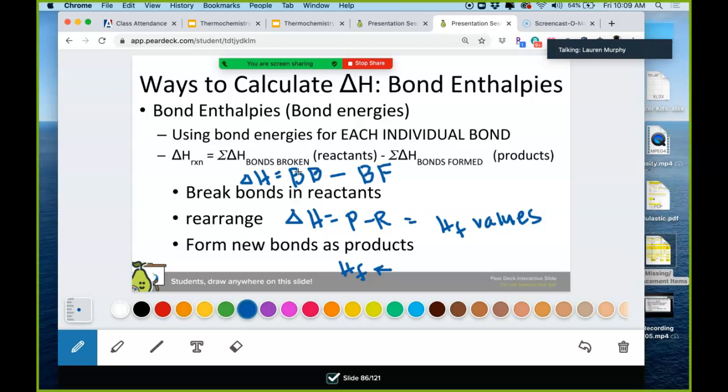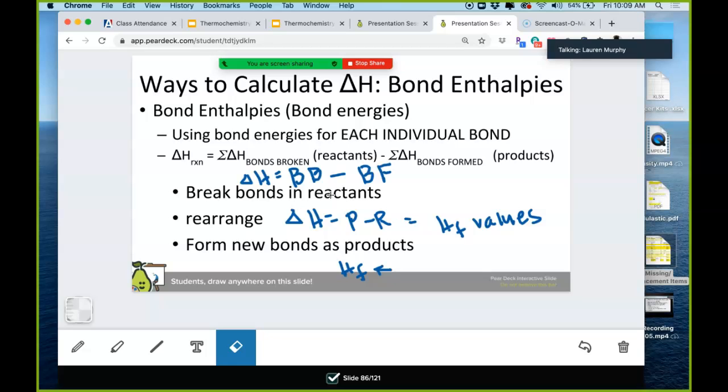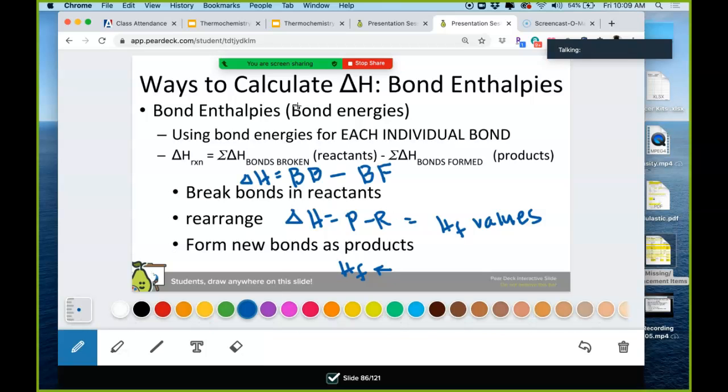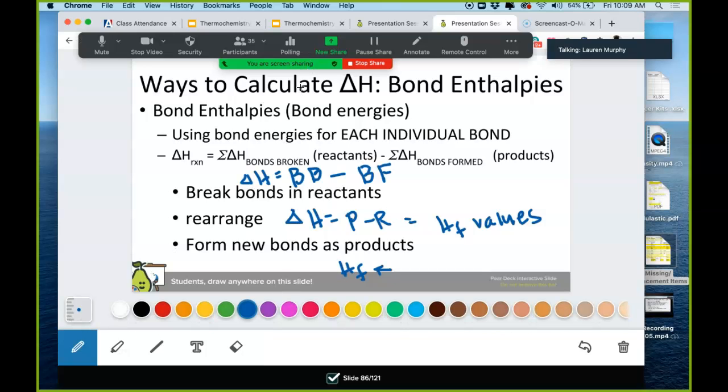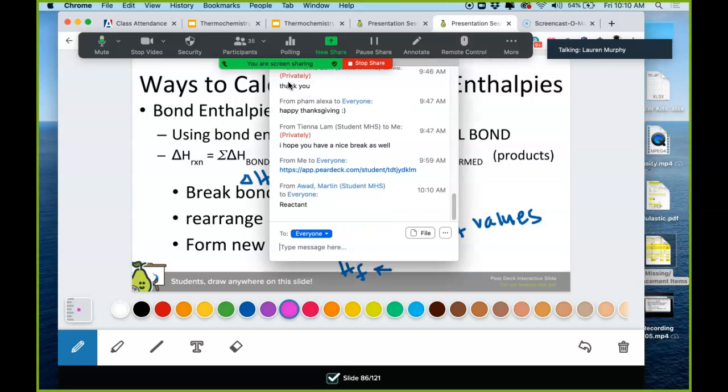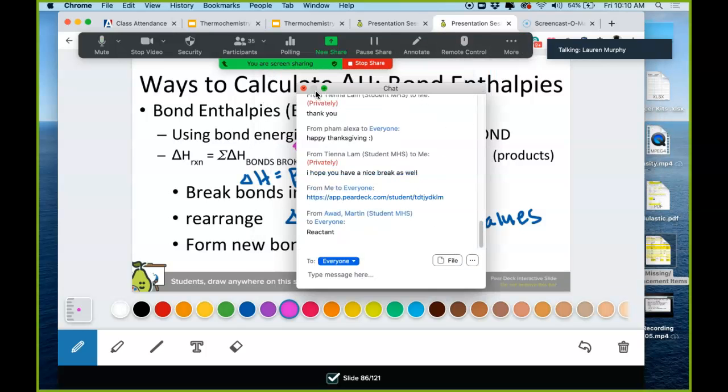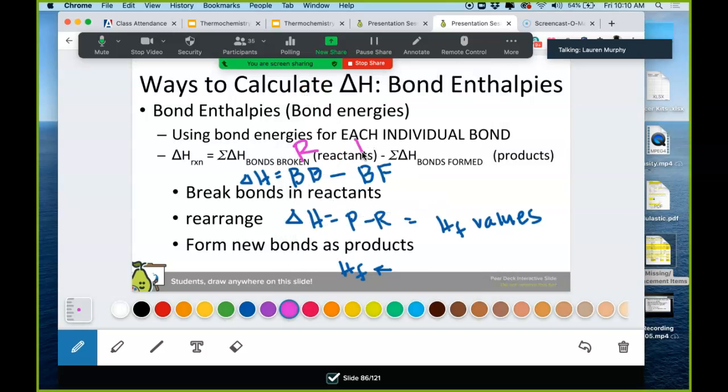Now, this is kind of tricky, right? In a chemical reaction, whose bonds do you break? Do you break reactant bonds or do you break product bonds? Anybody? Reactant, right? You're going in and ripping reactants apart. And what bonds are being formed? Your new bonds are your products.